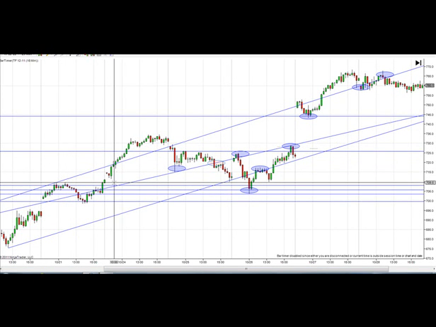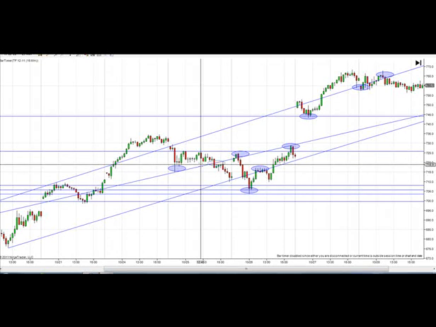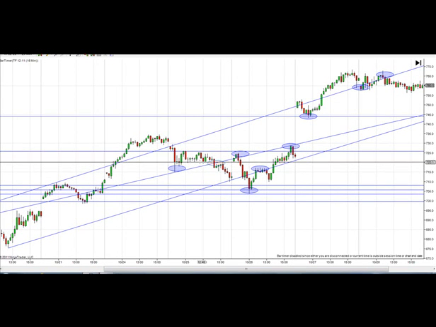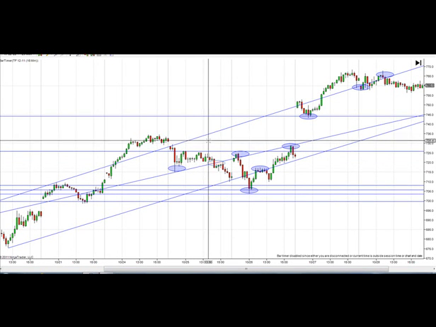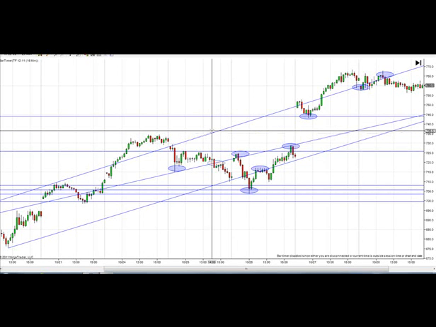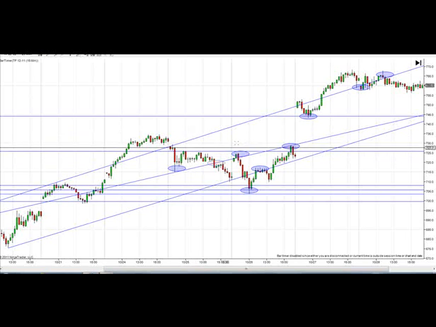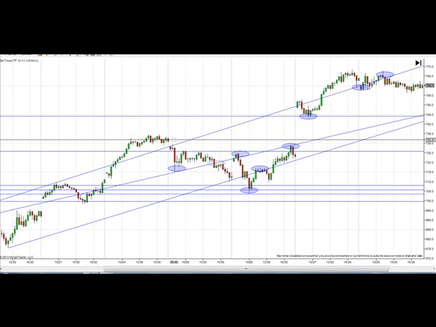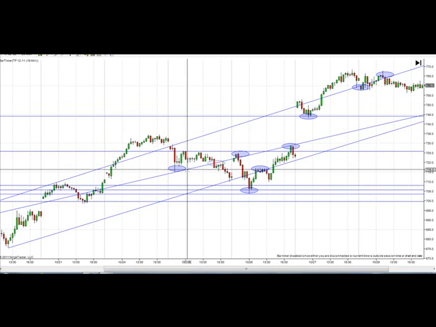A lot of times when you're dealing with trending markets, you don't have a lot of horizontal support resistance lines, and depending on the type of trend, you sometimes don't have very solid, meaningful trend lines. Here we do, though. We have lots of bottoms and tops that we can mark as important turning points in this volatile trend.